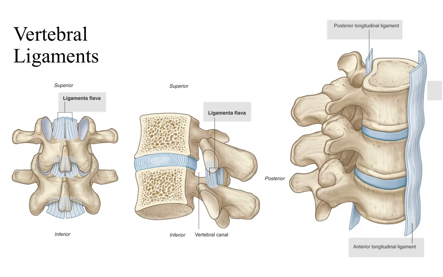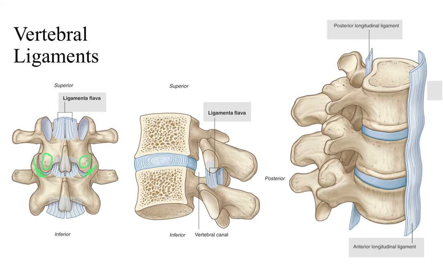All the vertebrae articulate with each other by the inferior articulating processes forming a joint with the superior articulating processes of the vertebrae just underneath it. But they're held together by various ligaments, and so these ligaments are what we want to talk about now.